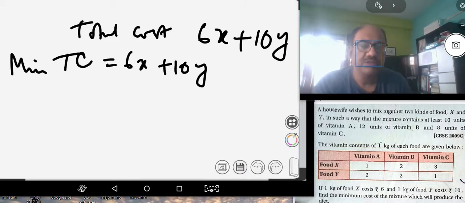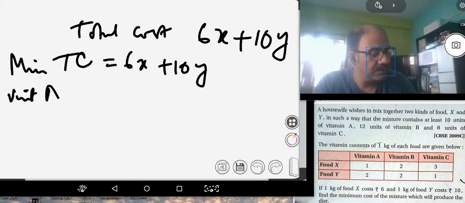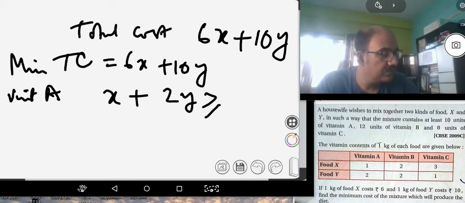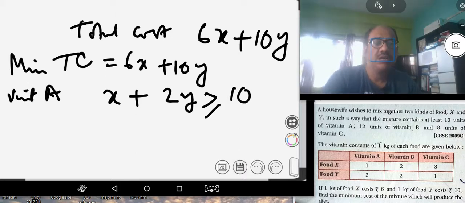But she has to buy in such a way that the requirement of vitamin A, B, C must be fulfilled. In X kg of food X, the amount of vitamin A is 1 unit per kg, so X kg gives X units. So for vitamin A, the condition becomes x plus 2y must be greater than or equal to 10, because at least 10 units of vitamin A is required.